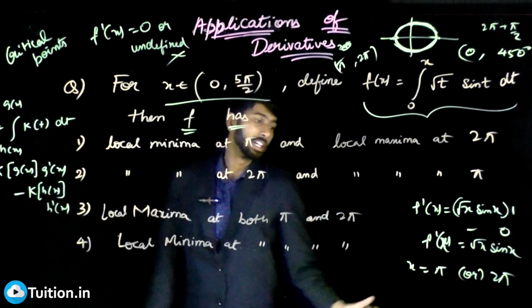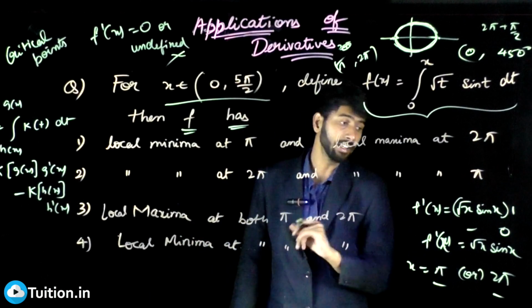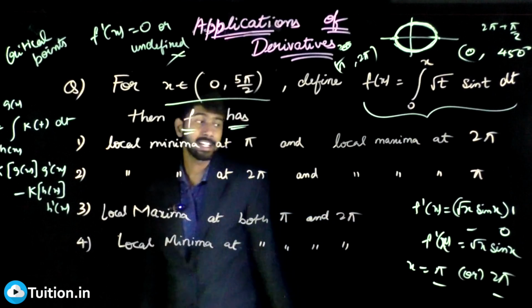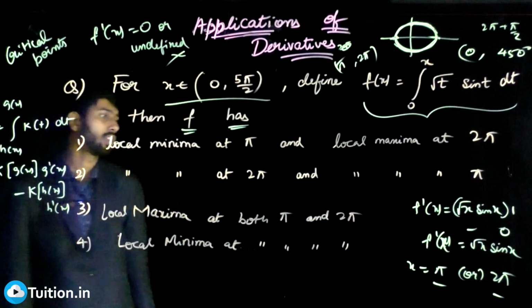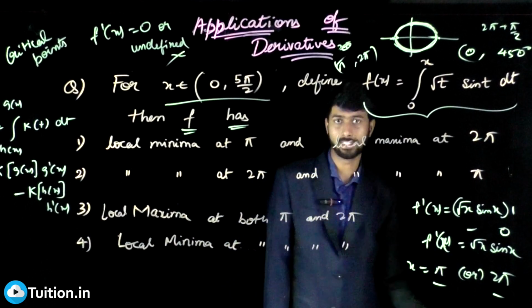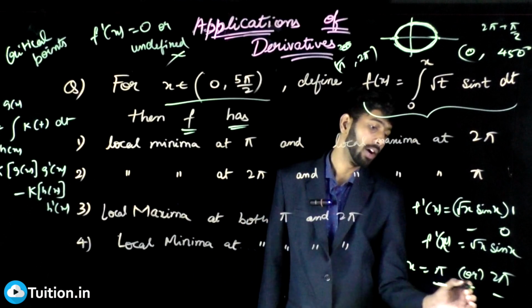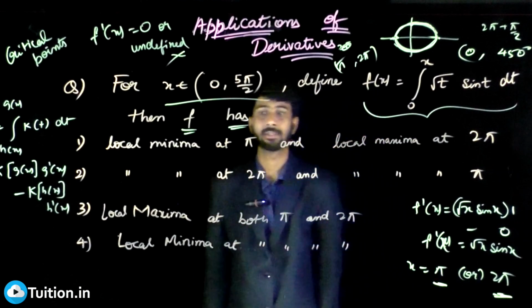Because one of them is a local maxima and one of them is a local minima, or I actually can't say that yet. For that I'll use the second derivative test. Or instead of the second derivative test, you could also use the first derivative test to estimate whether each is minima or maxima.